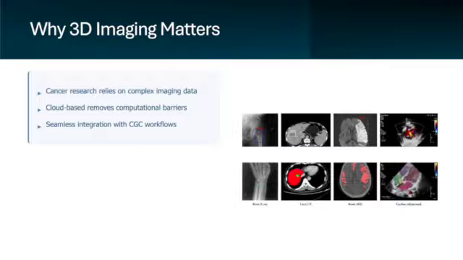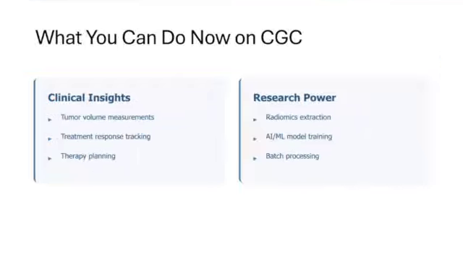So what can you actually do with these things? Well, I want to break it down into two major areas: advanced clinical insights and more research power. I know CGC is generally for research, so I just want to caution everyone there, but you can validate certain things.